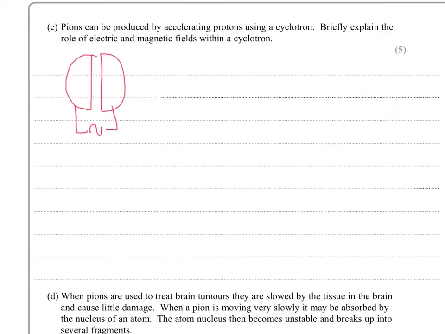Now obviously you're going to need to explain this in words. Then there's the magnetic force on the particles as they move through this zone, causing them to move in a circle, and the magnetic force on them is going to be BQV, and that's equal to the centripetal force required to make them move in a circle, mv squared over r. And again, you need to explain that in words.